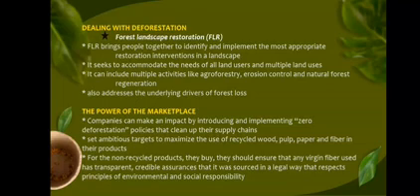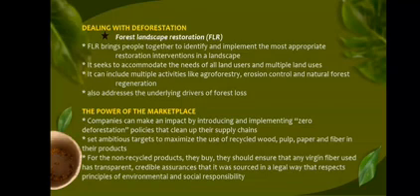This is dealing with deforestation: forest landscape restoration, or FLR. FLR brings people together to identify and implement the most appropriate restoration interventions in a landscape.